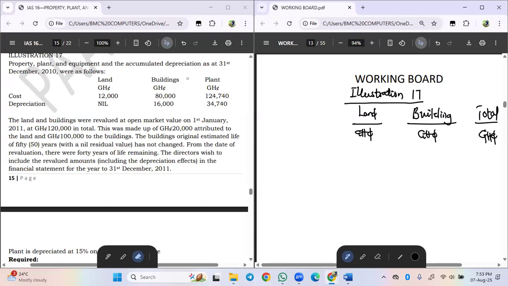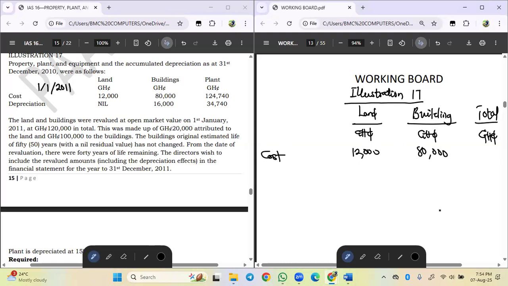This date can also be rewritten as 1st January 2011. I hope you all agree with me. The closing balance of 2010 becomes the opening balance of 2011. So the cost, we have it here, 120,000 for land, 80,000 for building.